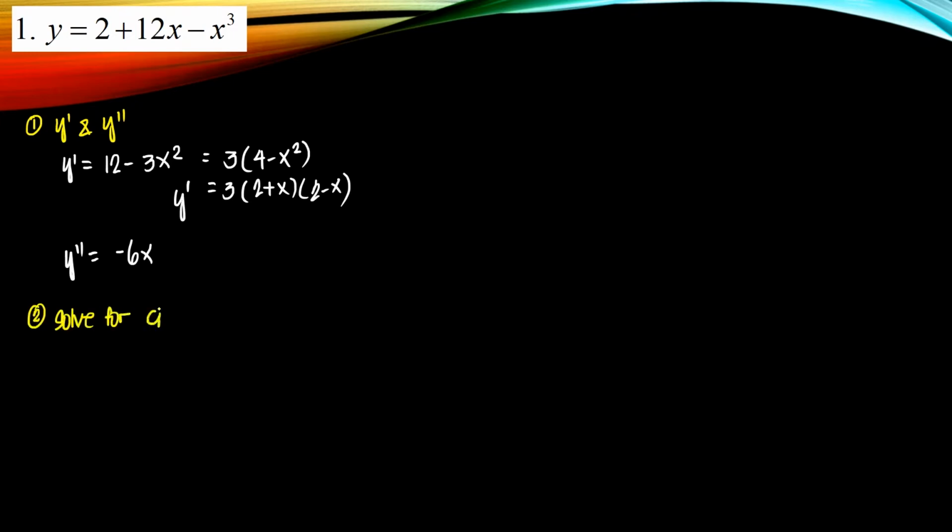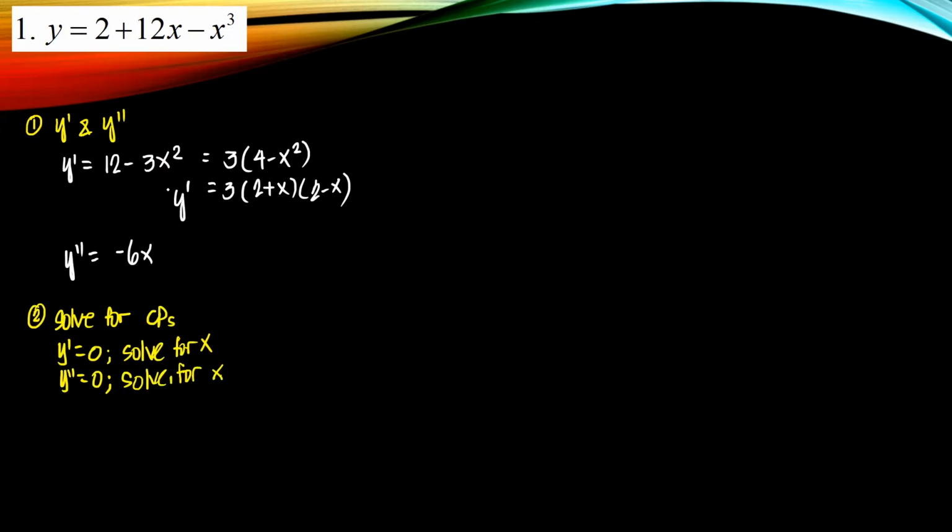Now, next step. Solve for the critical points. How do you solve for the critical points? Y prime is 0. Solve for x. Y double prime is 0. Solve for x.